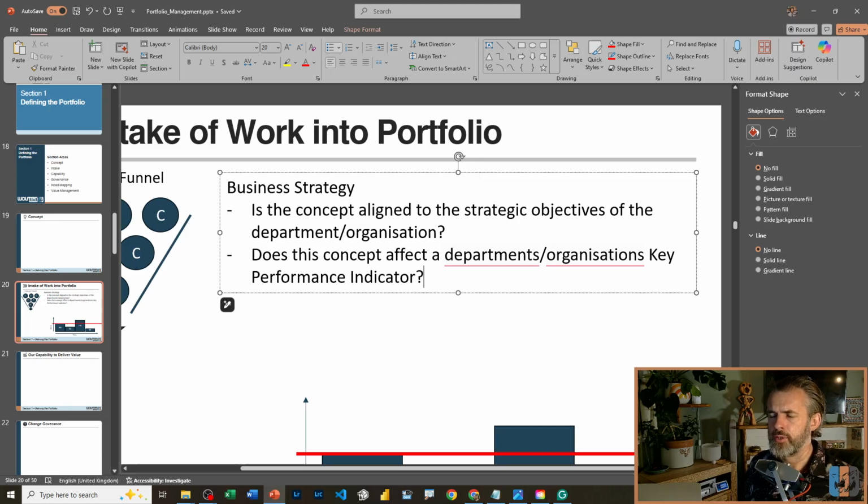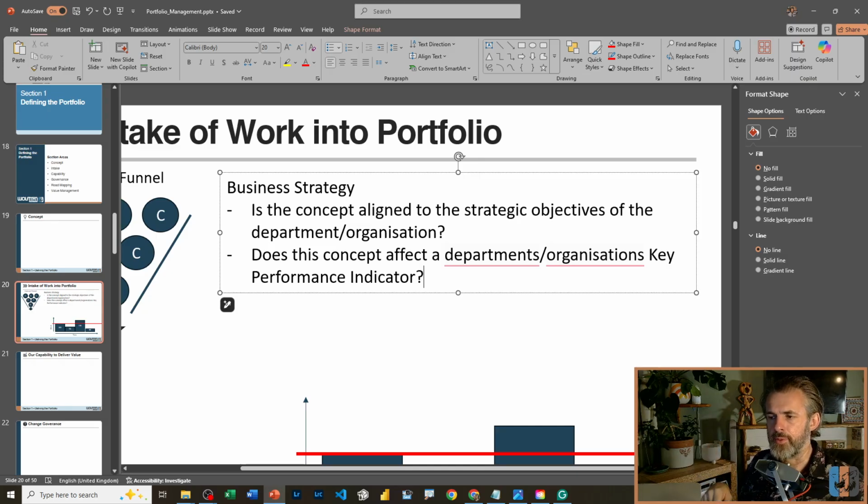And the reason why I'm deliberating over this so much in my head is, I was trying to get to the crux of, is this question a subcomponent of the strategic objective question? But I think it stands on its own, because you could also have something affect a key performance indicator, something that the organization takes seriously, but that is not strategically aligned.